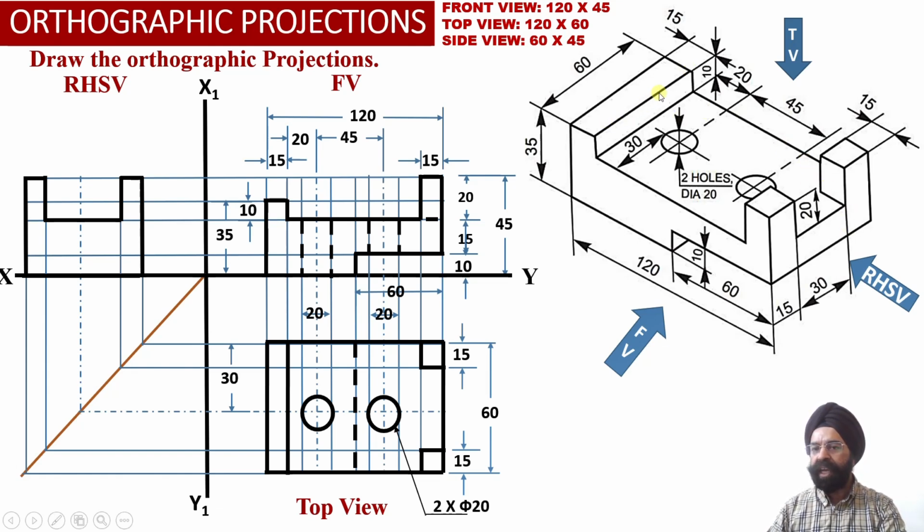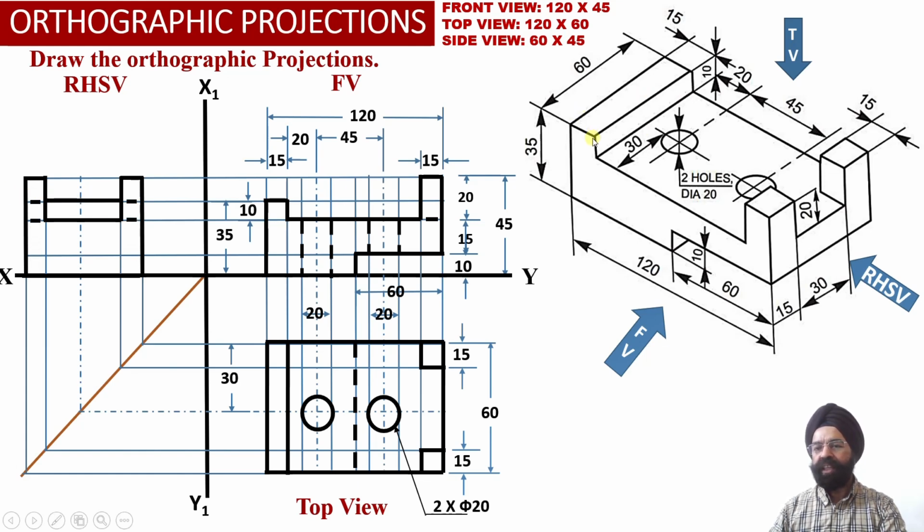So only the middle 30 millimeter portion of this web, which is available at a height of 35 millimeter, will be visible to the observer as an object line, while the remaining 15 millimeter on the front side and 15 millimeter on the rear side of the solid, this portion of the web will be visible to the observer as a dotted line over here.